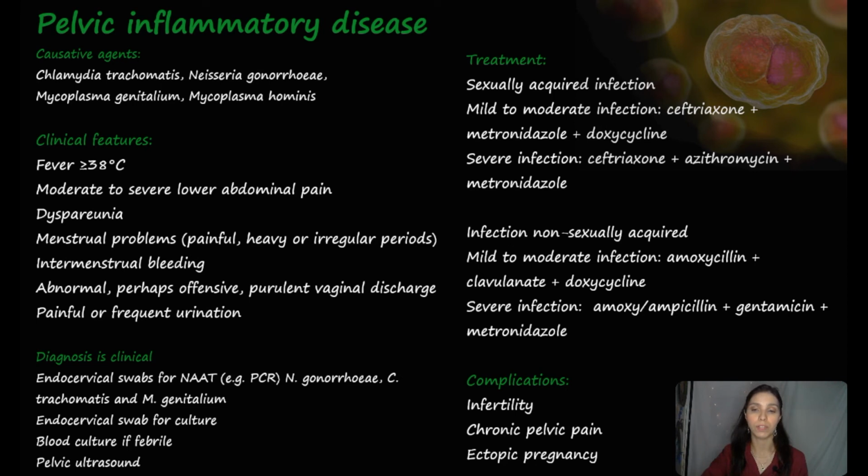There could also be vaginal discharge, which could be abnormal, perhaps offensive and purulent, and painful or frequent urination. The diagnosis of pelvic inflammatory disease should be made on clinical grounds. If you just suspect pelvic inflammatory disease, you have to immediately prescribe antibiotics.